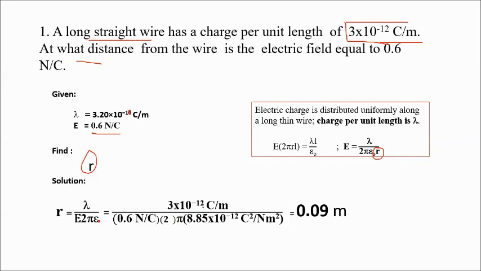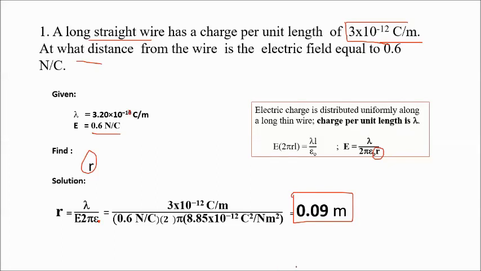Lambda is 3 to negative 12. Electric field is 0.6 and all other constants. Next, if you have a calculator now, then you check the answer. The answer must be 0.9 meter.